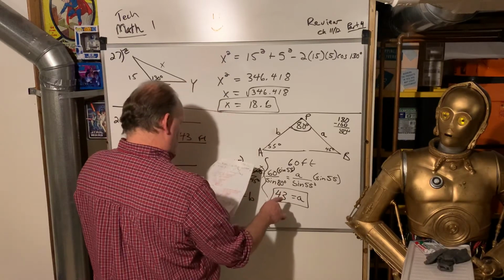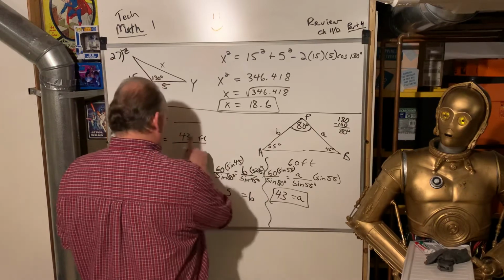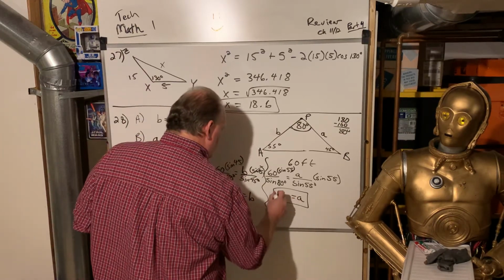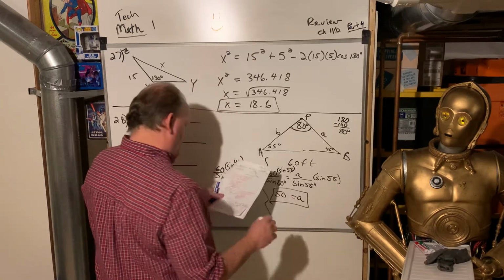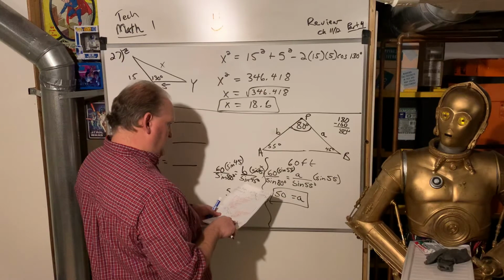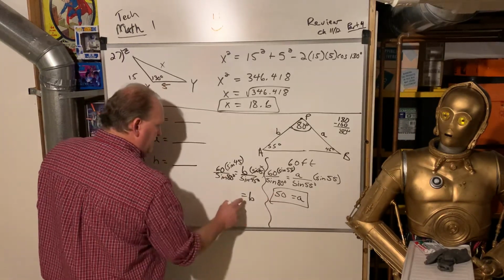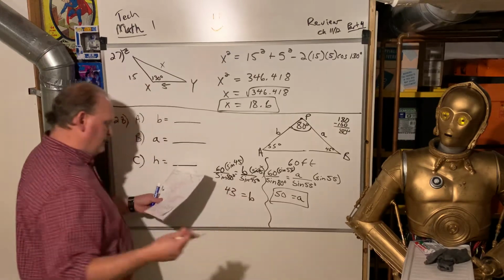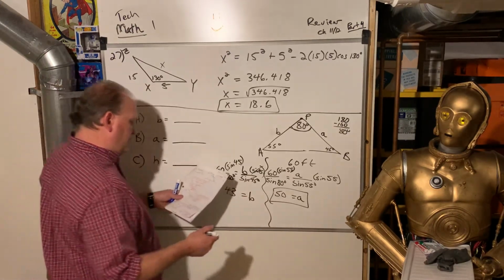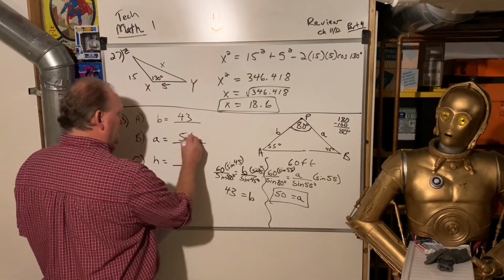This one is 43, but that was B. Shoot. Sorry, this is 50. 60 to 2. And sine of 50. That was 50. Sorry, this was 50. And this one's 43. Okay. Sorry about that. I just looked at the wrong thing on my sheet here. So 43 goes here and 50 goes here.